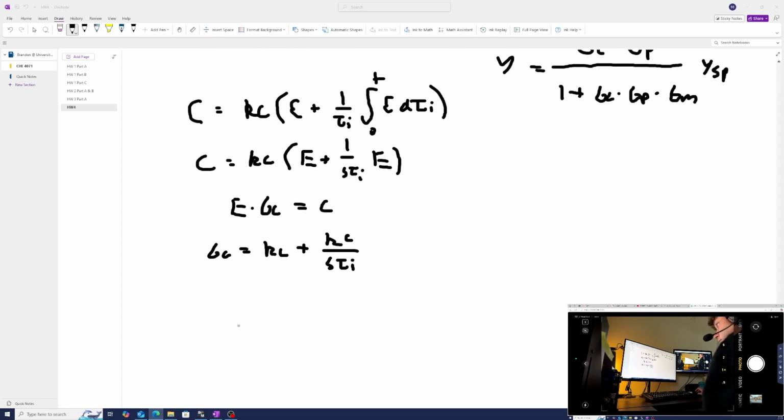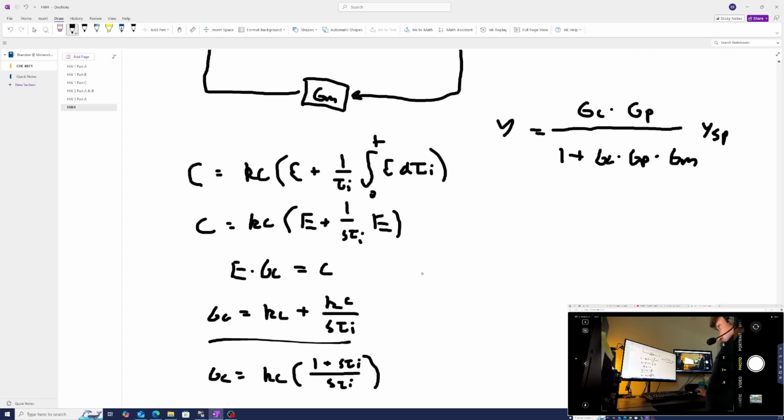It's also important to note that this can be simplified to GC is equal to Kc times 1 plus S tau I over S tau I.